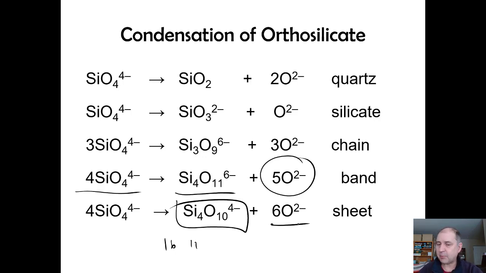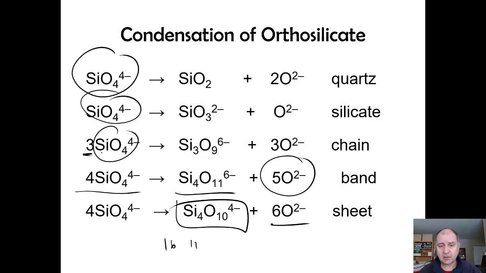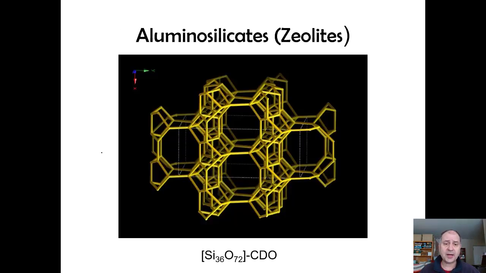This is just basic balancing, and the charges, of course. So if I provide you with the formula for a sheet silicate, you should be able to do the synthesis of sheet silicate from discrete silicate units, right? So it's always from orthosilicate, and then you just need a number of them to form your product.